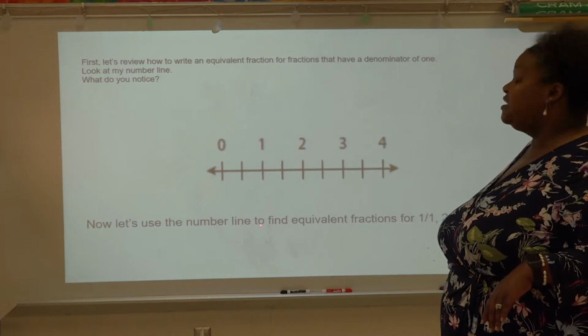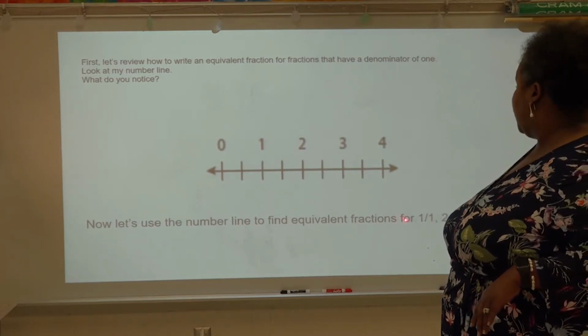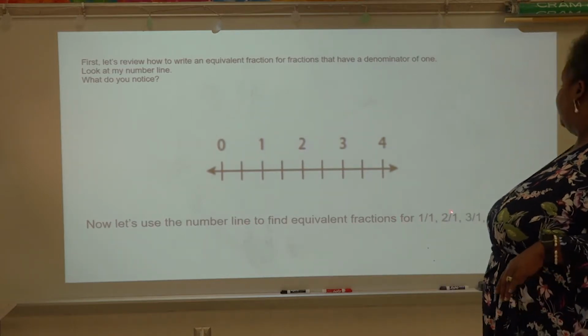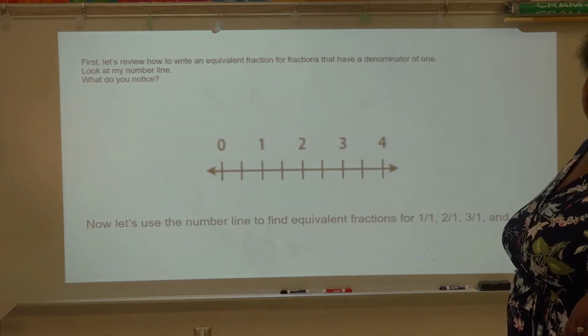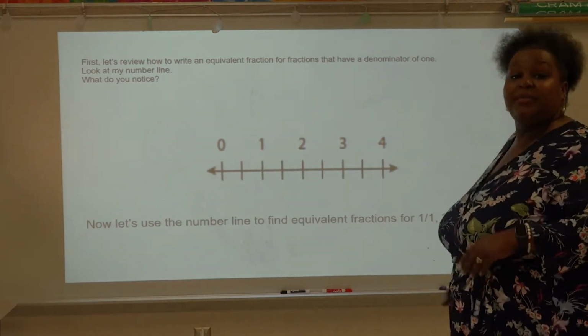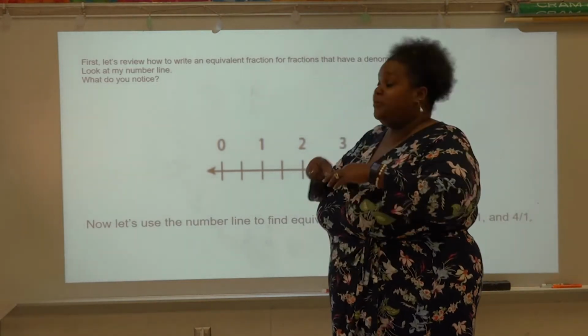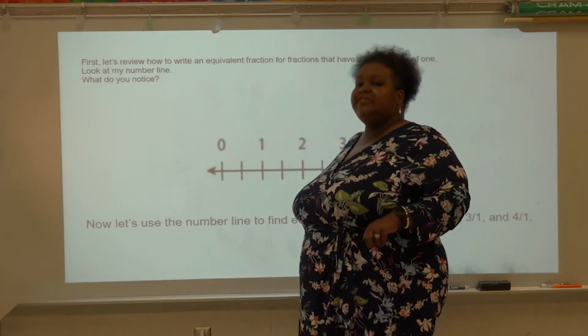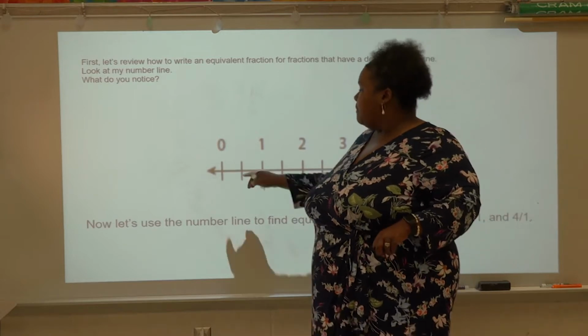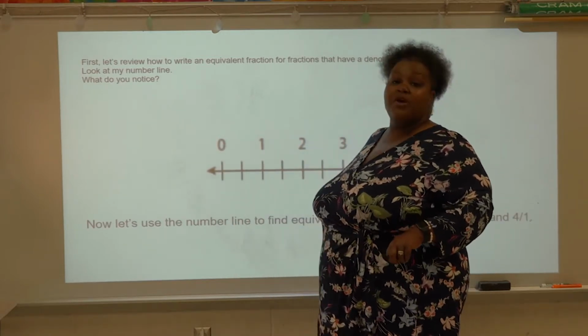Now let's use the number line to find equivalent fractions for 1 over 1, 2 over 1, 3 over 1, and 4 over 1. First I need to label my number line. I need to find that denominator. So I'm going to look between the 0 and the 1.